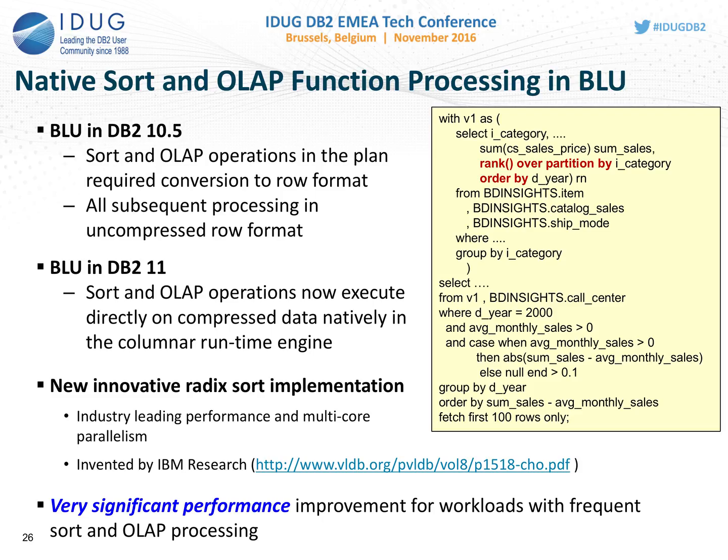The background is that previously in DB2 10.5, when a query is executed and at some point a sort is necessary or an OLAP function needs to be evaluated, DB2 internally converted the data from the compressed columnar format to its traditional row organized format and then performed the sort or the OLAP function evaluation. And that's not necessarily bad.